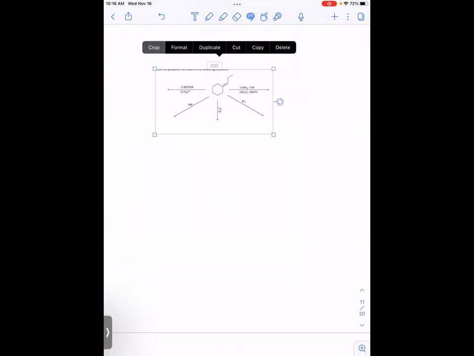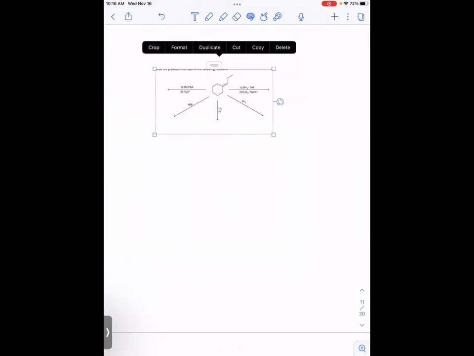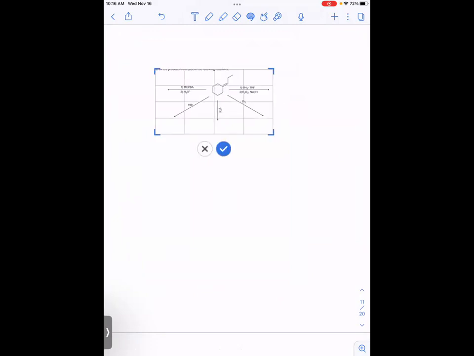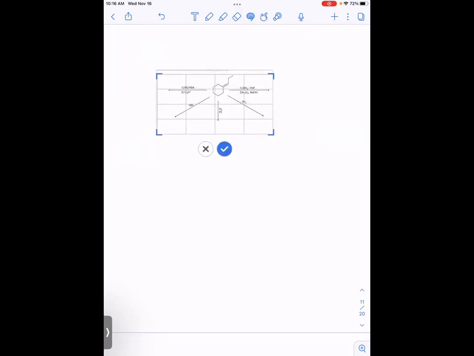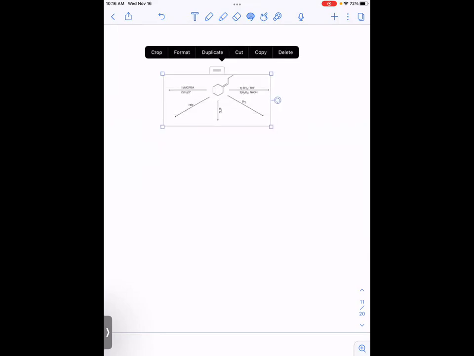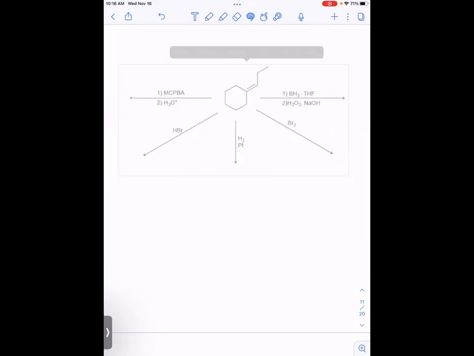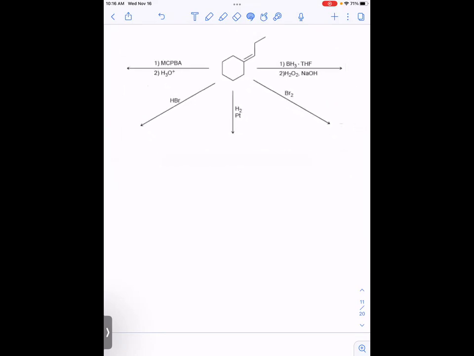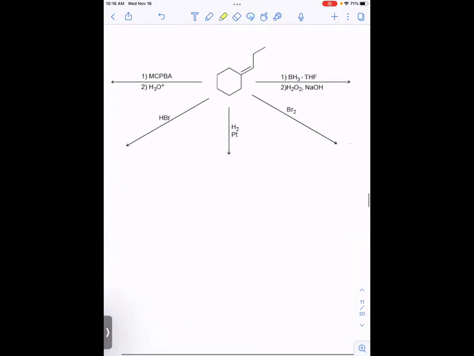Let me crop this out, and then I'll crop it down some. And then we're gonna work through the ones we already know without the mechanism. All right, so let's start here.